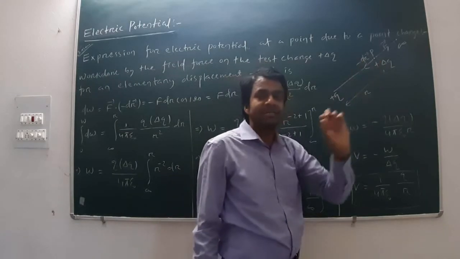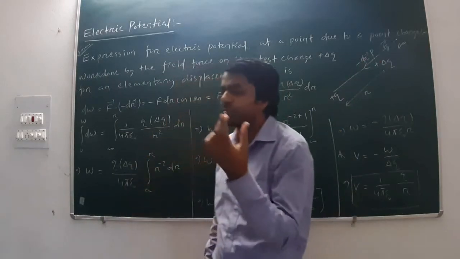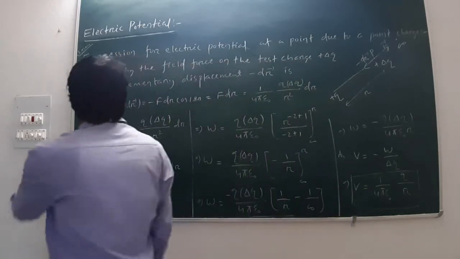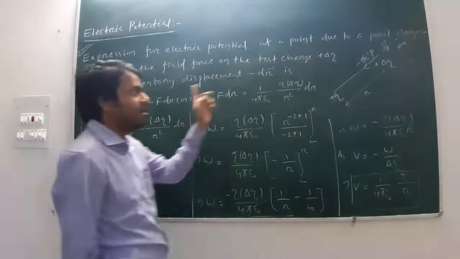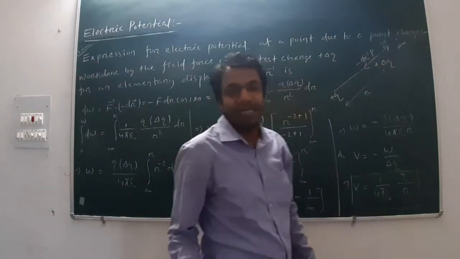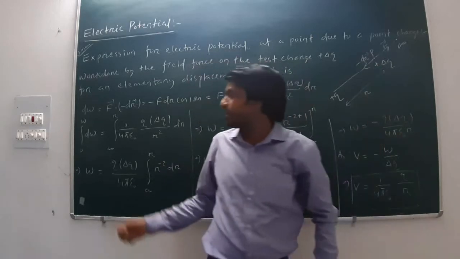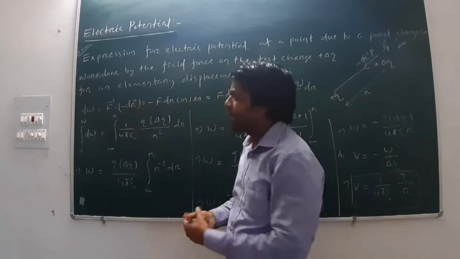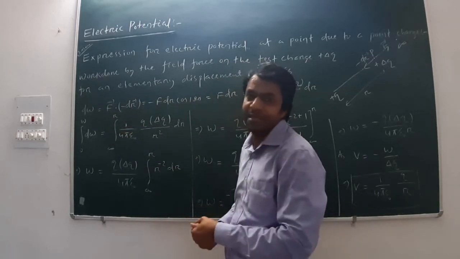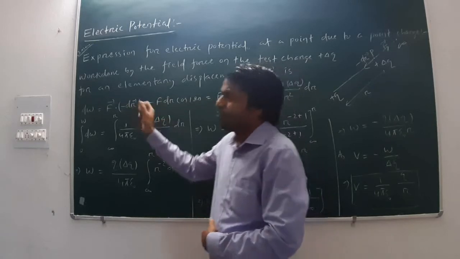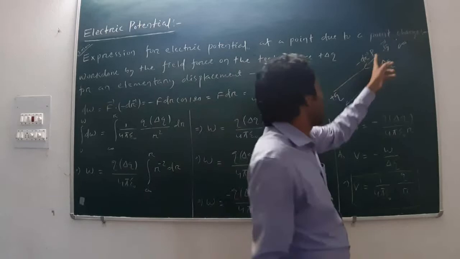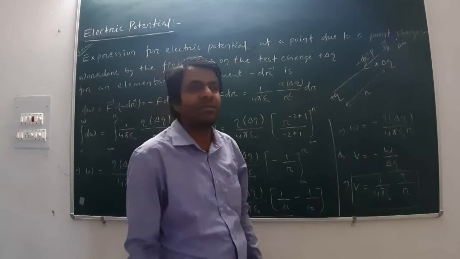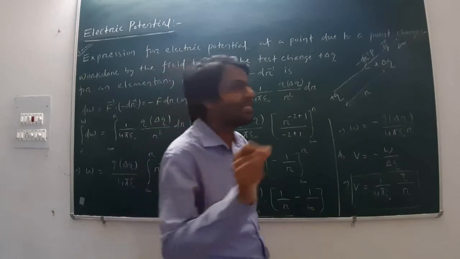Because dr is a small elementary displacement, and due to small displacement, there is small work dW. dW is equal to F vector dot minus dr vector. Work done is the dot product of force vector and displacement vector. Then what is the angle between the force vector and the elementary displacement vector? As both are in opposite directions, the angle between them is 180 degrees.